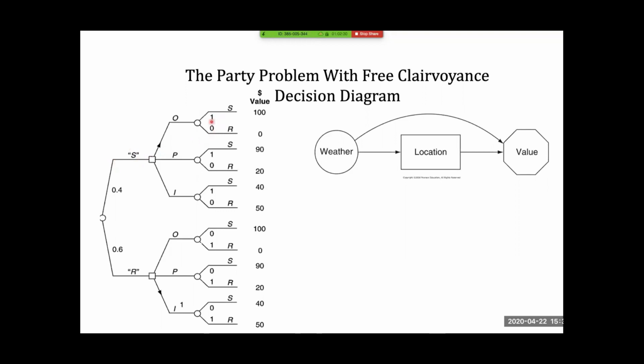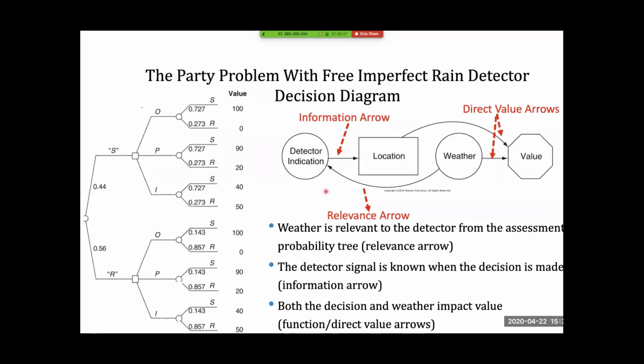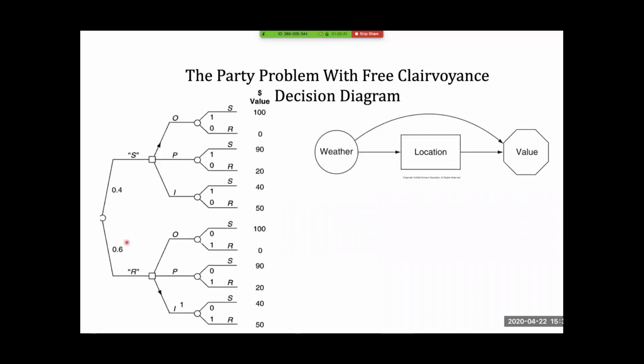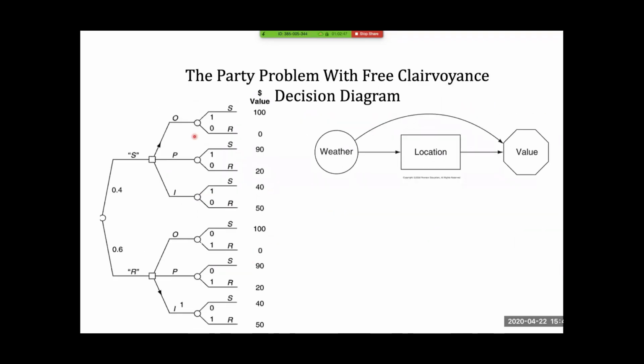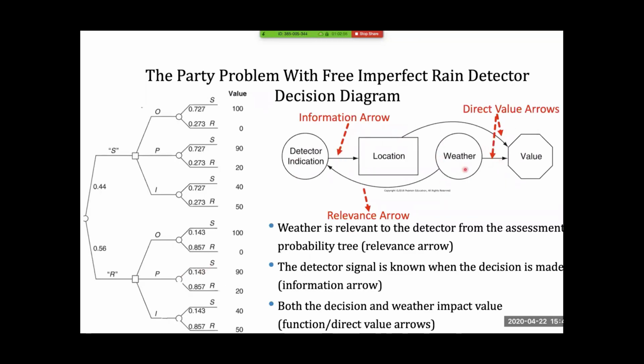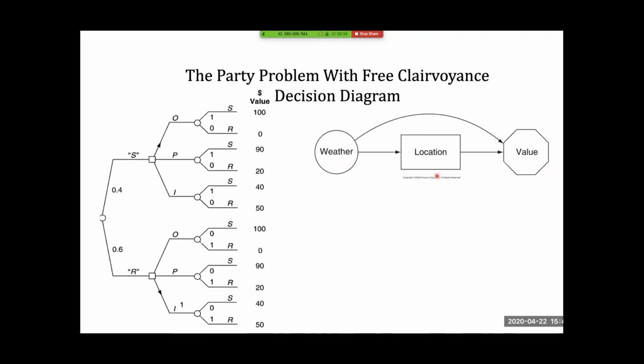Again, I want to stress that if you use this decision diagram to represent this decision tree, it would still be correct. However, based on our deeper understanding of the clairvoyant's message, we can simplify a decision diagram like this into a decision diagram like this.